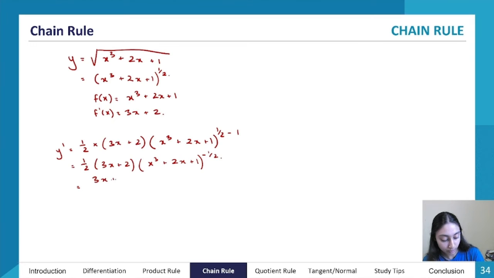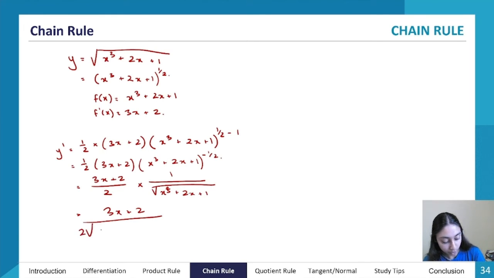So it's 3x plus 2 on 2 times 1 on root x cubed plus 2x plus 1. Okay, so my final answer will be 3x plus 2 on 2 root x cubed plus 2x plus 1. And that's my final answer, okay?